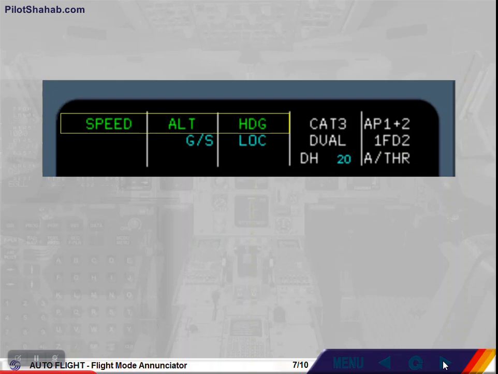This means the autopilot FDs will provide guidance to maintain altitude. The heading HDG mode is engaged for the lateral mode. This means the autopilot FDs will provide guidance to the selected heading. Note: the color coding will be explained later when the concept of managed guidance and selected guidance is discussed.